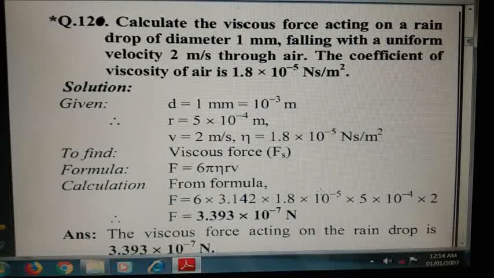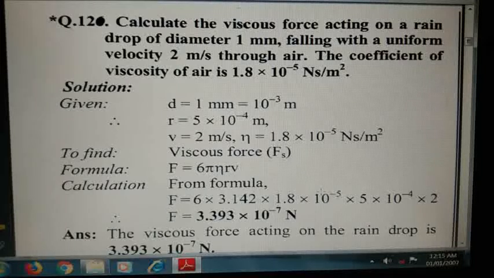Here the diameter of the drop is given as 1 millimeter. We have to convert millimeter into meter, that is 10 to the power minus 3 meter. The radius is equal to diameter upon 2, so 1 millimeter upon 2 is 0.5, so it is 5 into 10 to the power minus 4 meter.